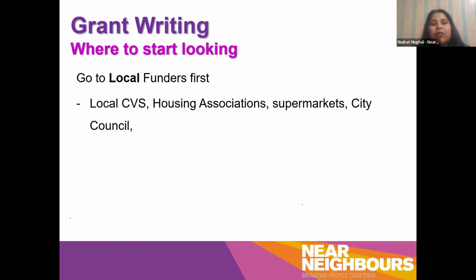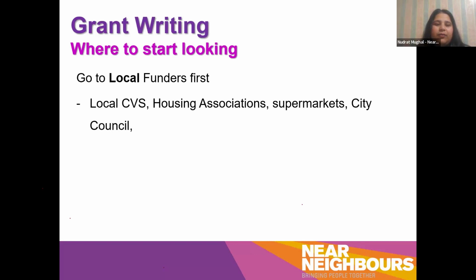City councils or the supermarkets. One of the examples would be maybe going to Morrison's and speaking with their community champions. Their community champions would be able to direct you towards any local funding that might be available, and suggest what might be the best project for you to apply.